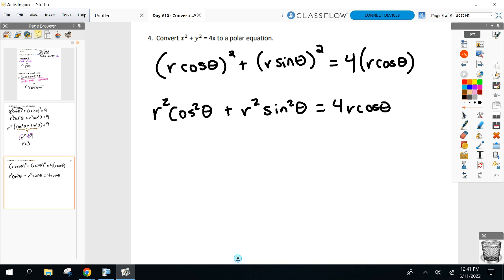What do you got on the left side? What are you taking out? R squared. Why don't you have to get the 4 by itself? You need R by itself, which we're eventually going to get to. Take a look. Cosine squared.